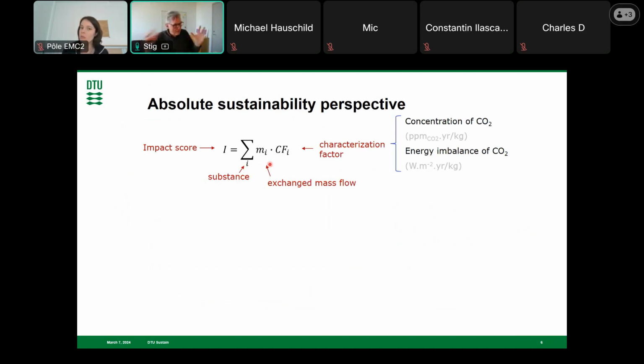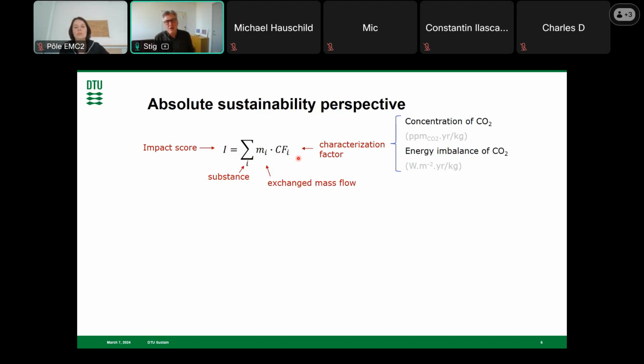To look at it from an overall perspective, in life cycle impact assessment we calculate the impact score of different activities by summing up the mass flow of a specific substance and multiplying it by the characterization factor of that substance.